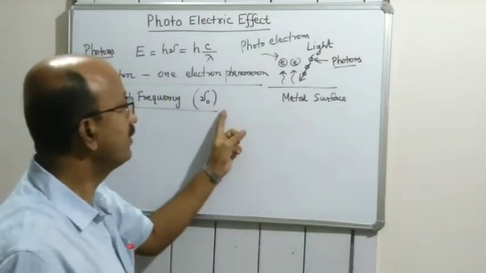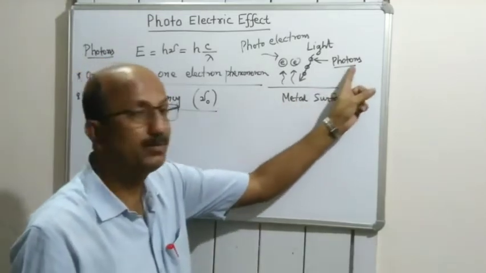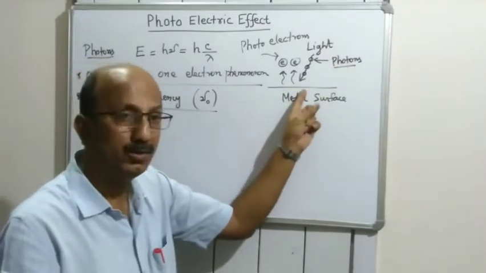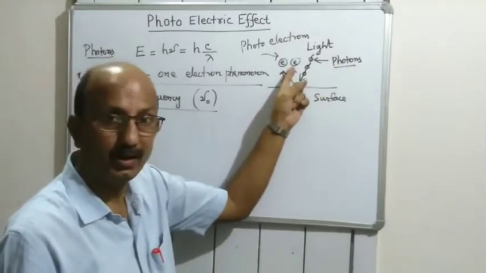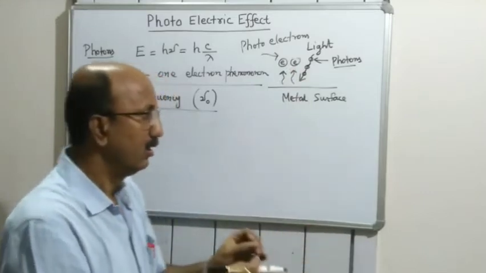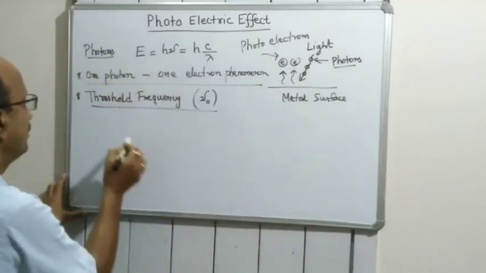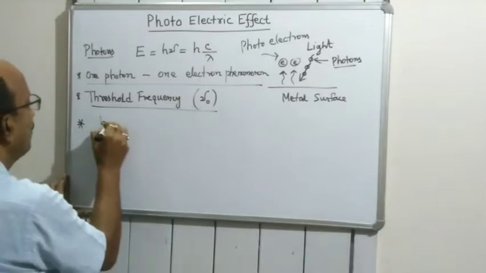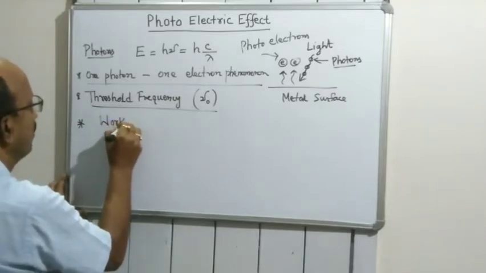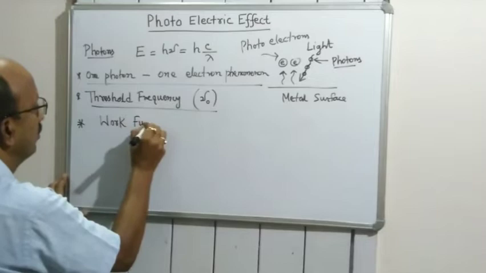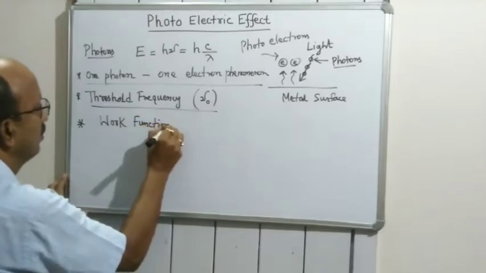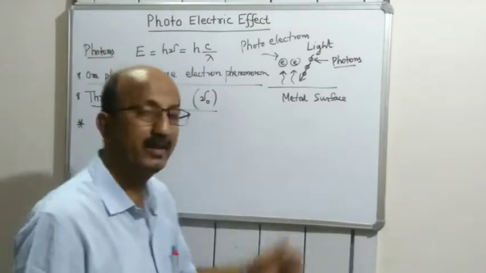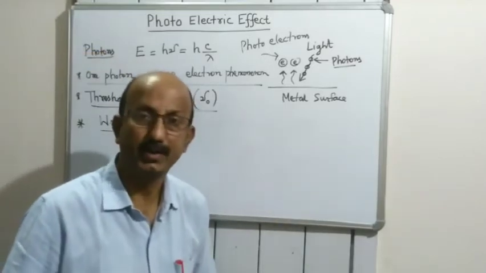So threshold frequency is the minimum frequency of the incident photons so that this metal surface is able to eject photoelectrons. Now we define a term called work function, or sometimes we say photoelectric work function.